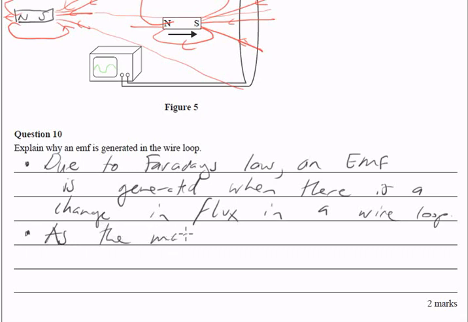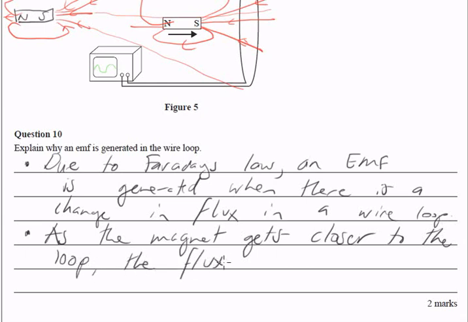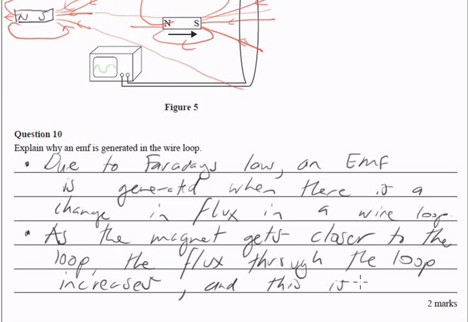So that's what I'm going to write now. As the magnet gets closer to the loop, the flux through the loop increases, and this is the change in flux.